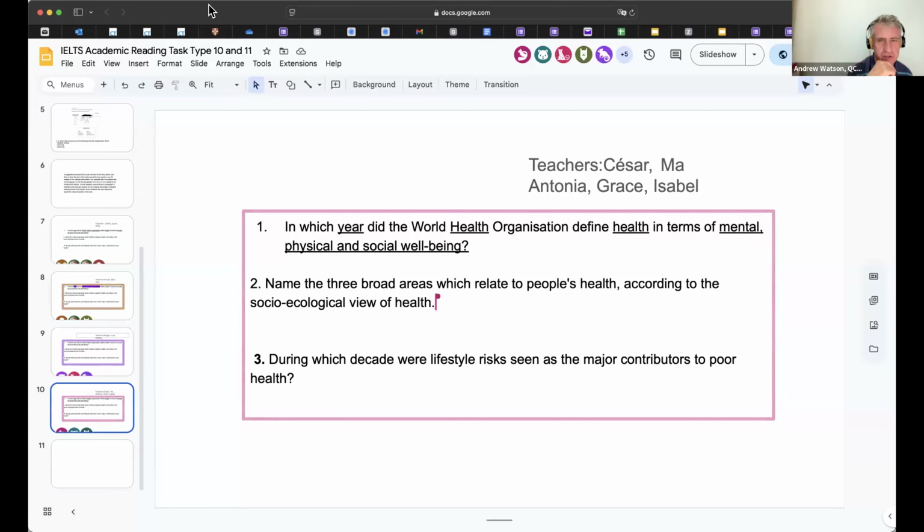Just do it. Just find your slide and underline.